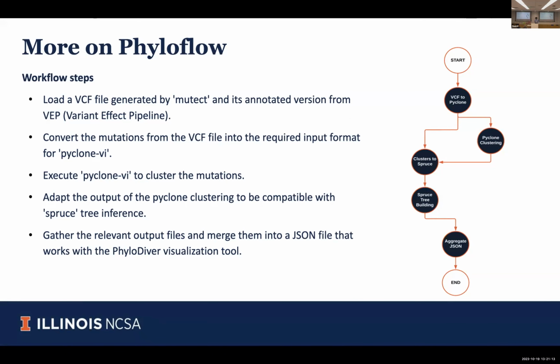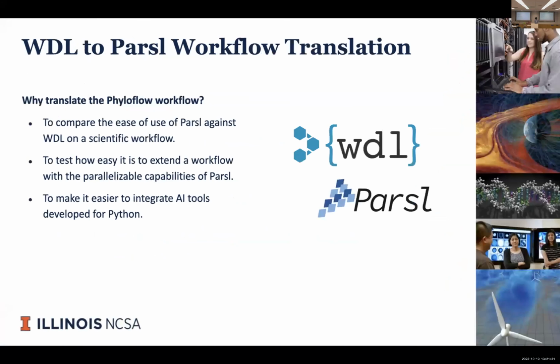Then it adapts those into another workflow processing step, and gathers all the relevant output files and merges them into a JSON file that is compatible with Phylodiver, which is a visualization tool that's used to display those phylogenetic trees.